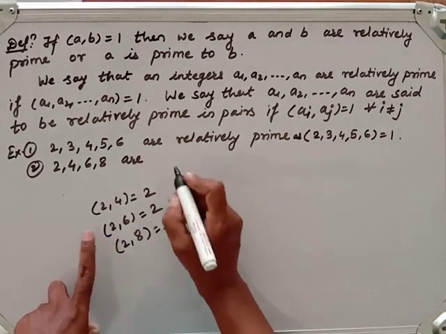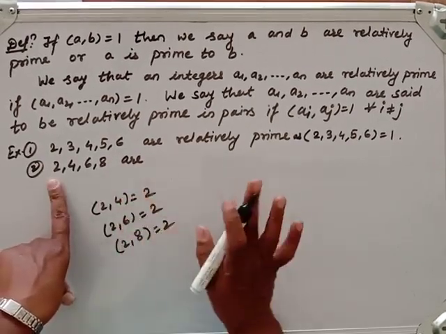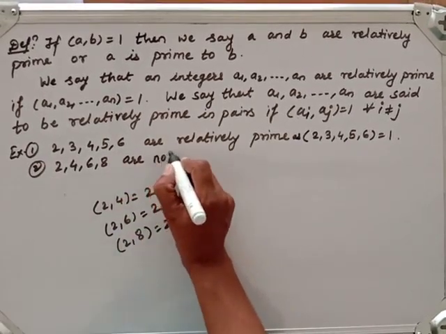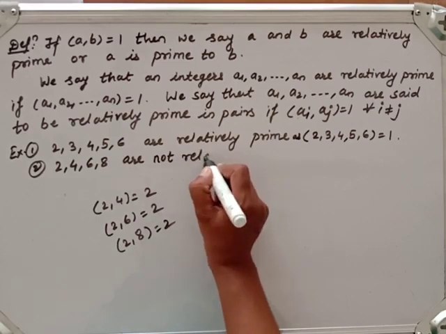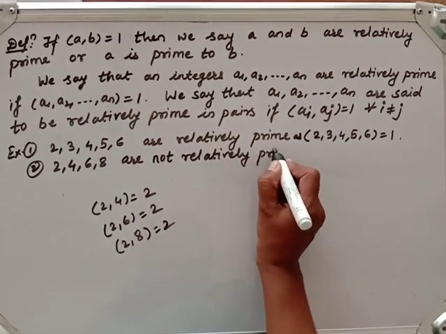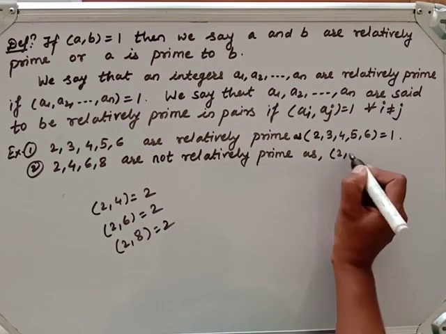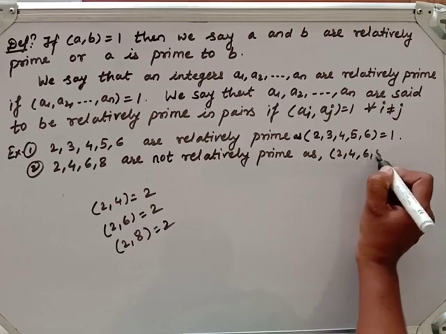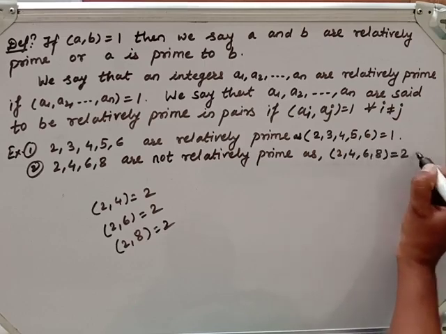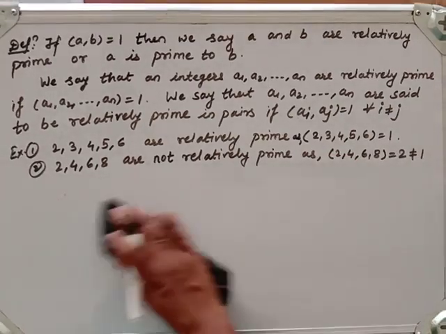So the GCD of all of them is 2. These are not relatively prime, as the GCD of 2, 4, 6 and 8 is 2, which is not equal to 1.